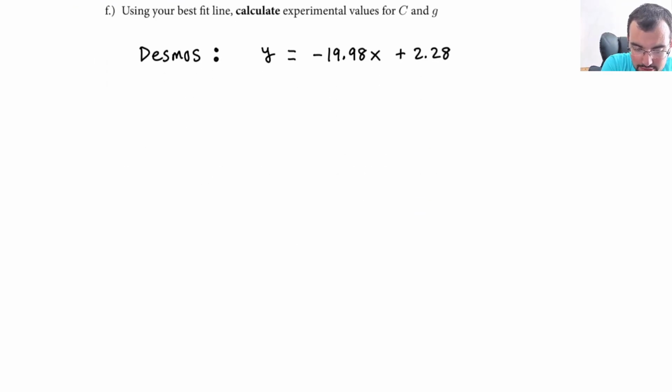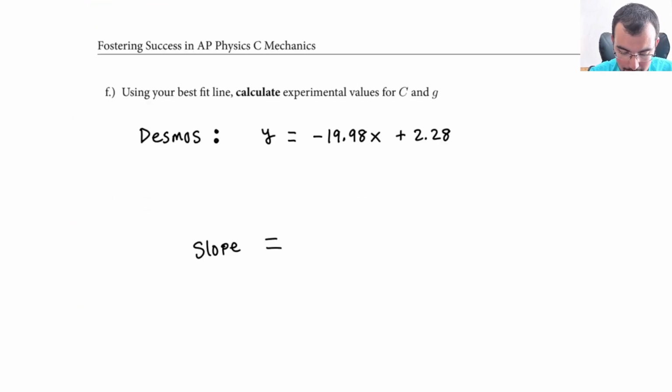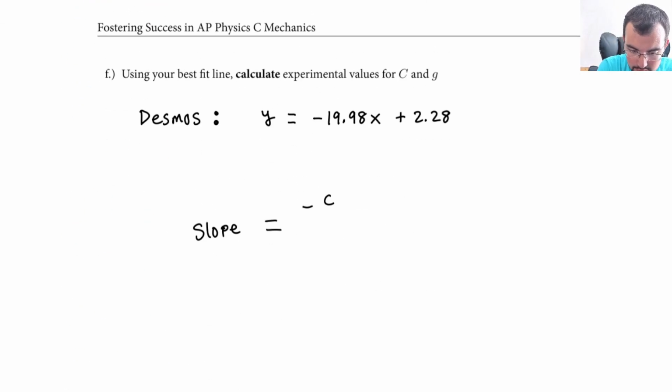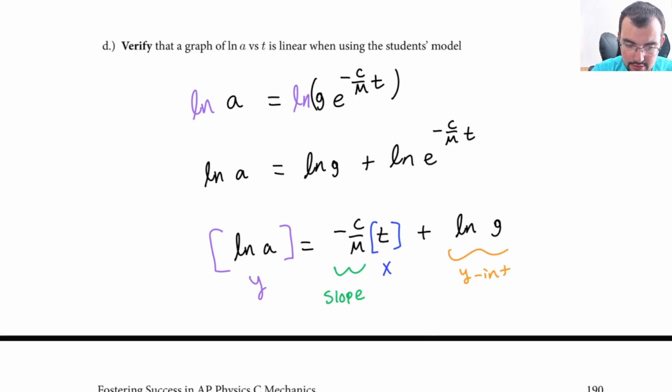So we said that according to our model, the slope of our best fit line symbolically should be equal to negative c over m, meaning c is going to be negative m times the slope. So we would get negative, the mass of a single coffee filter was 0.001 kilograms. We can check that.